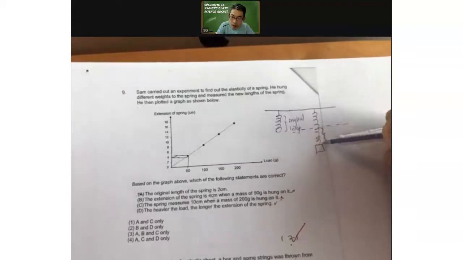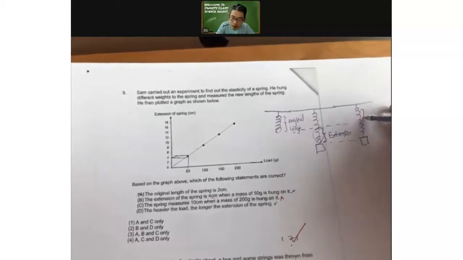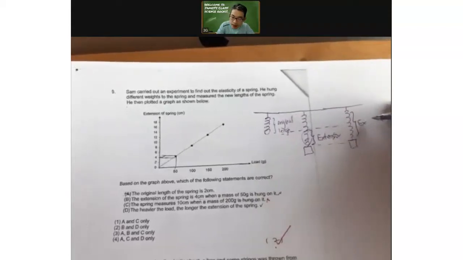This part here that is longer than the previous original length is called the extension. And same here. And this new length that is longer than the original length is called the extended length.